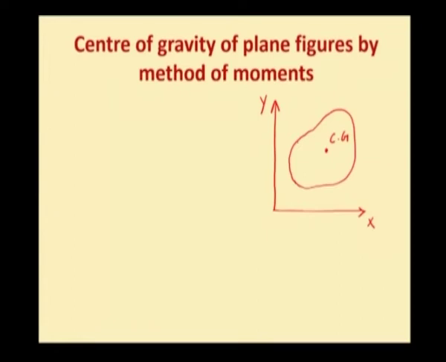What we have to do? We have to split this laminar area into numerous small strips of much smaller area. Now, here I have shown two smaller subdivided areas along with their own center of gravity. This will be the first area and this will be the second subdivided area.